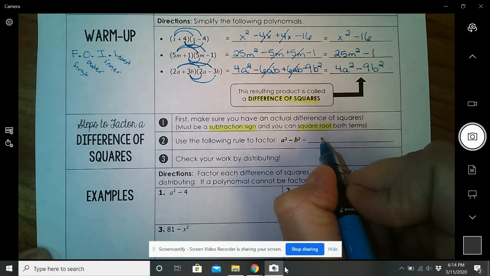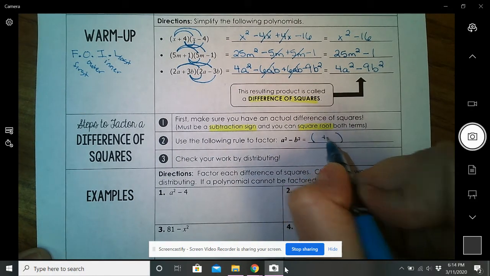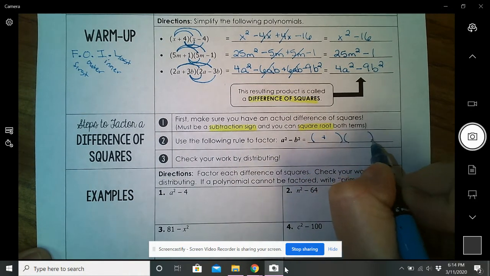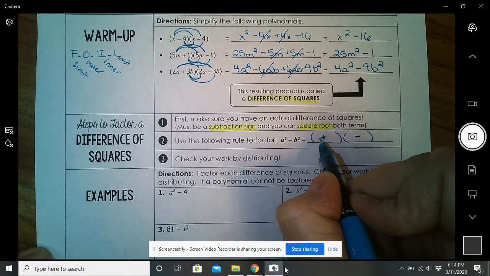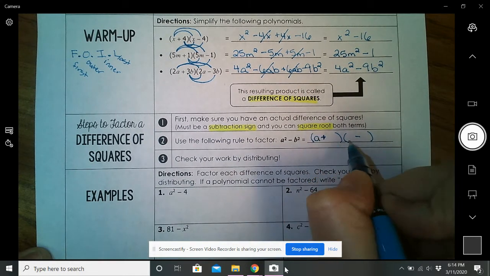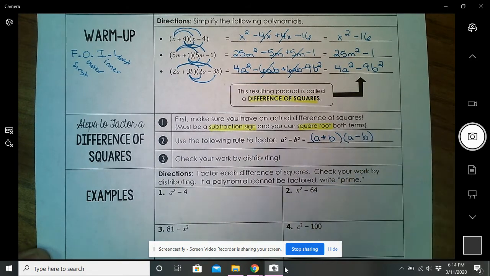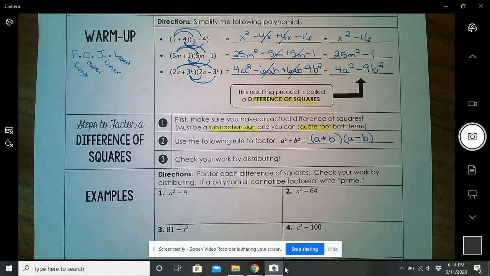It's going to have one binomial with a plus sign in it and one binomial with a minus sign in it. And we are taking the square root of the final product. So this would be a regular A and a regular B for each term. Now that's just a pattern to help us memorize what's going to happen each time.